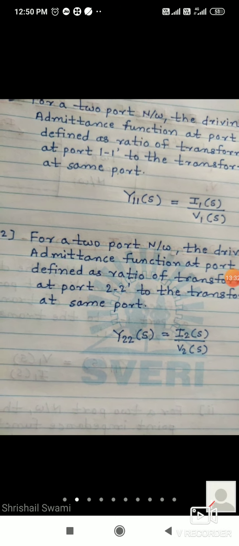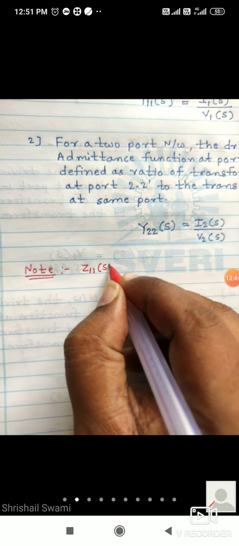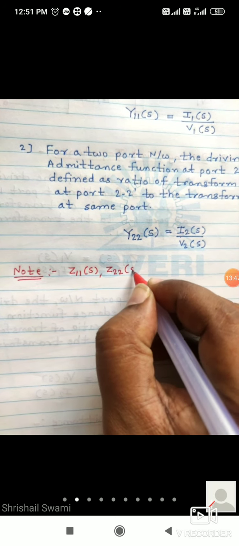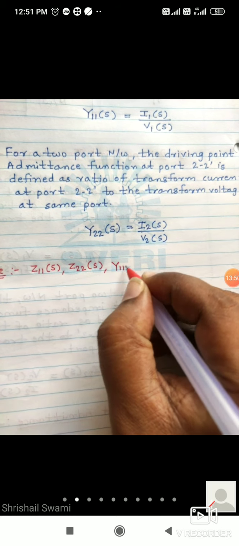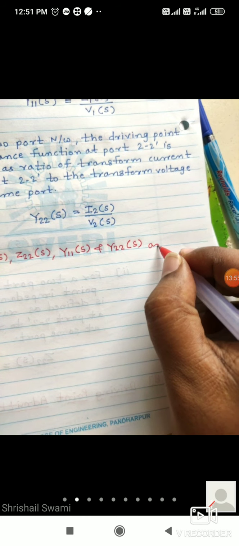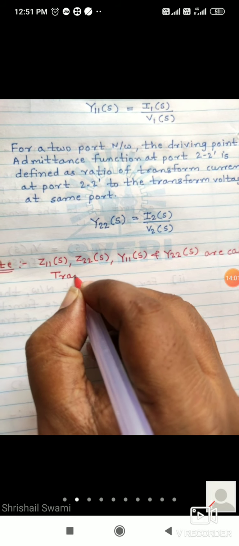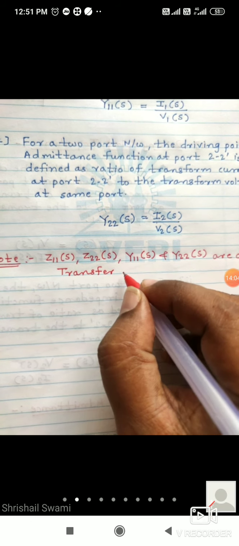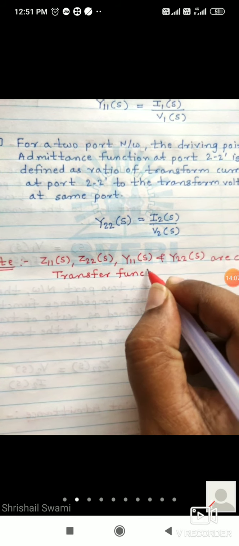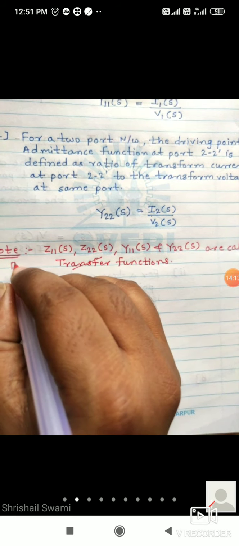So these 4 are called as what? Z11 of S, Z22 of S, Y11 of S and Y22 of S are called, sorry, these are called as driving point functions.